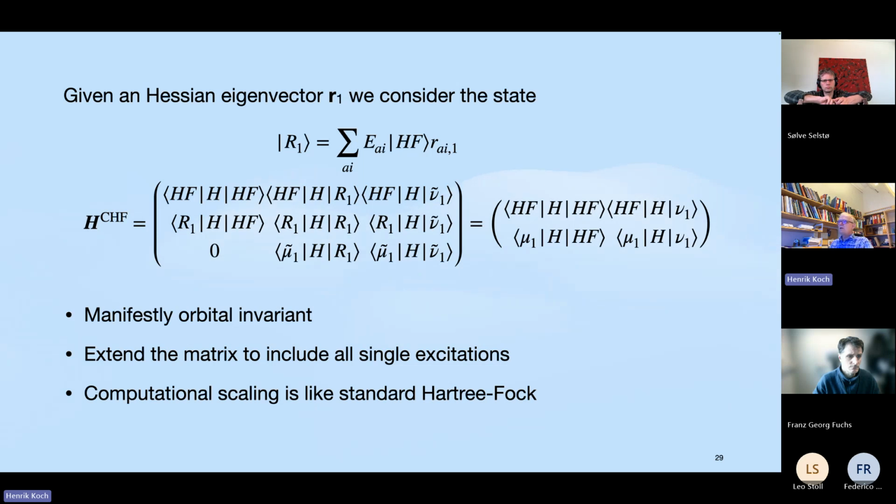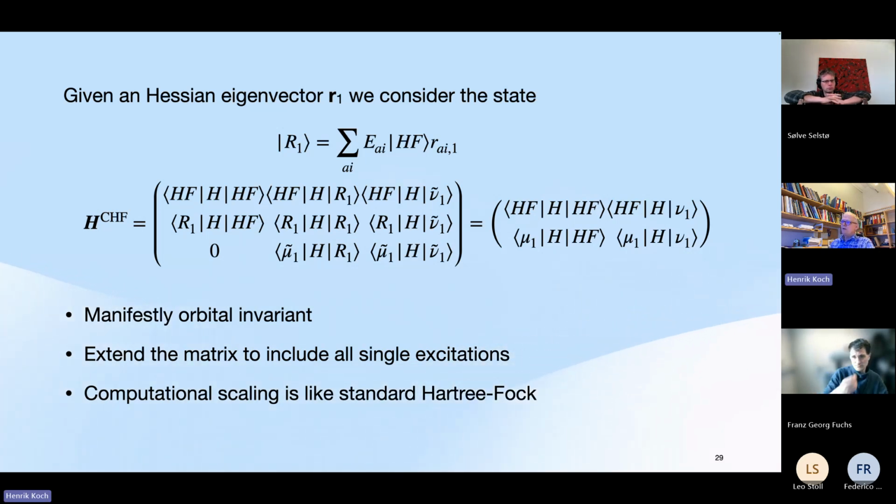Again, we project out this now single excitation component of the parameterization, and we can include that in a completely similar way as we did with the coupled cluster. We just diagonalize a matrix with the Hartree-Fock and single excitations. So this is also what is called CIS, and it's this matrix here.